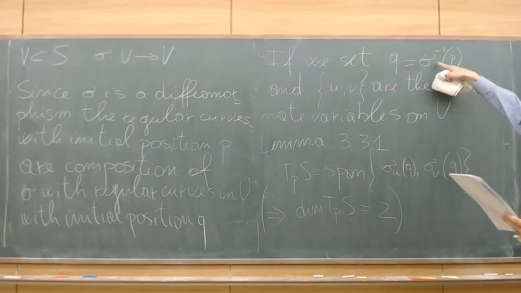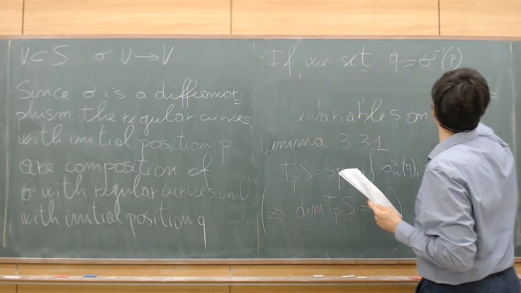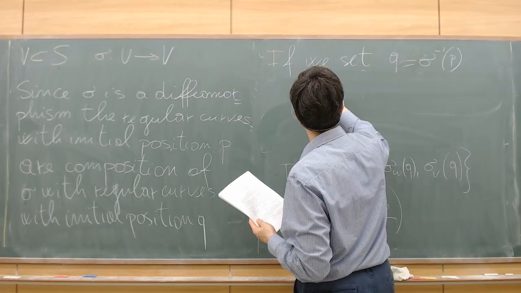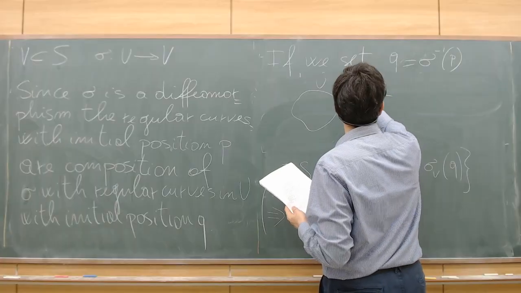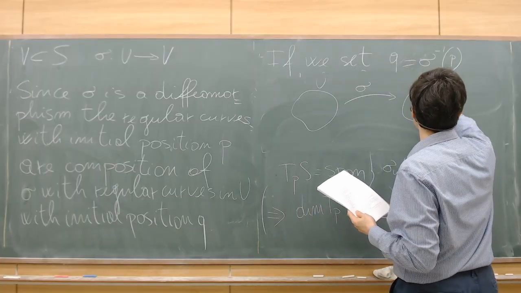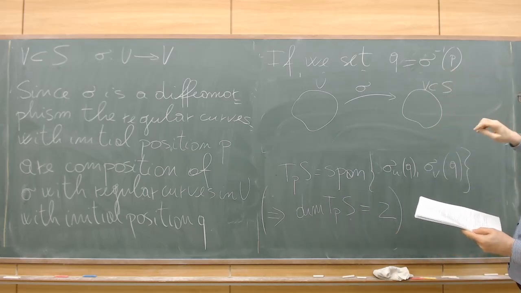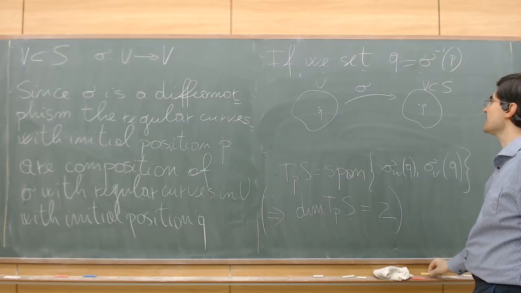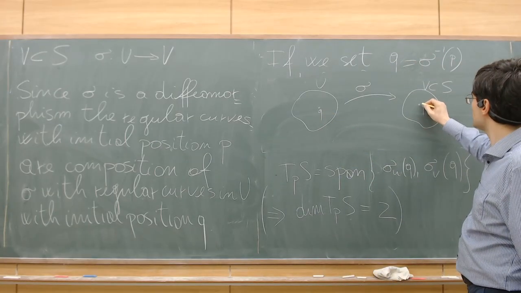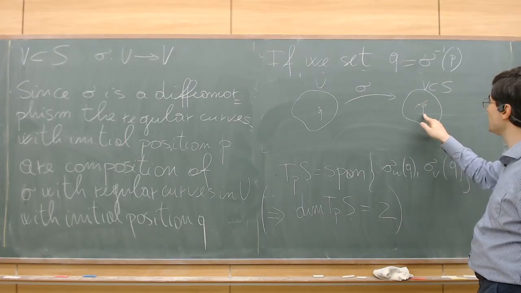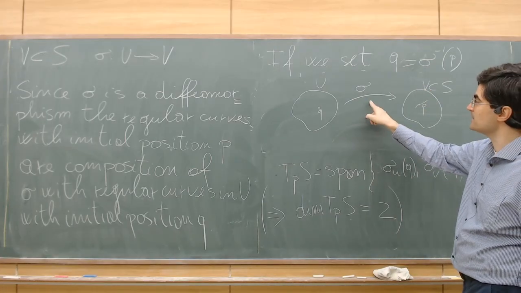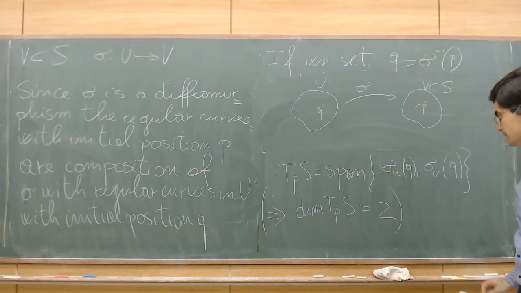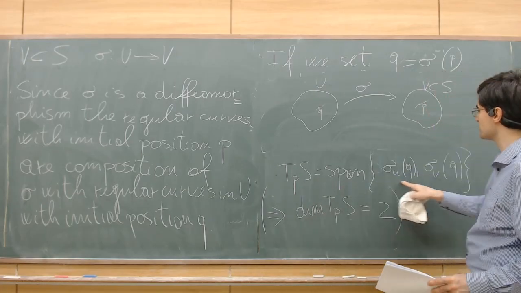Q is sigma inverse of P. So this is U, this is sigma, and this is V contained in S. This is P, this is Q, and what we are saying here is that a curve with initial position P in V is the image by sigma of a curve with initial position Q in U. So we have to prove now this statement.